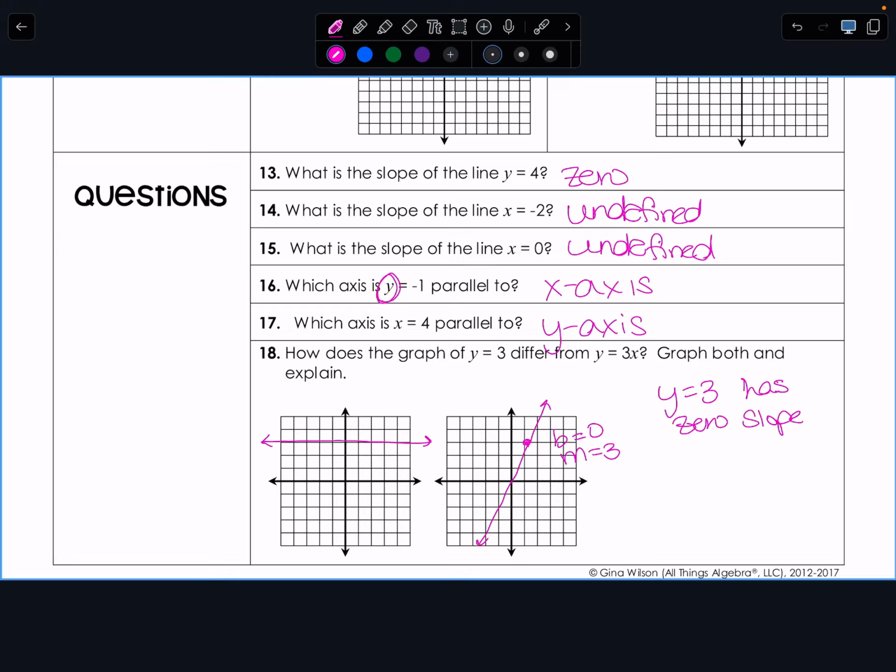Oh, okay. So what about y equals 3x? What kind of slope does it have? Y equals 3x. Because there's the x there, you would put a 1 underneath, so it'd be a rise of 3 and a run. Yes.